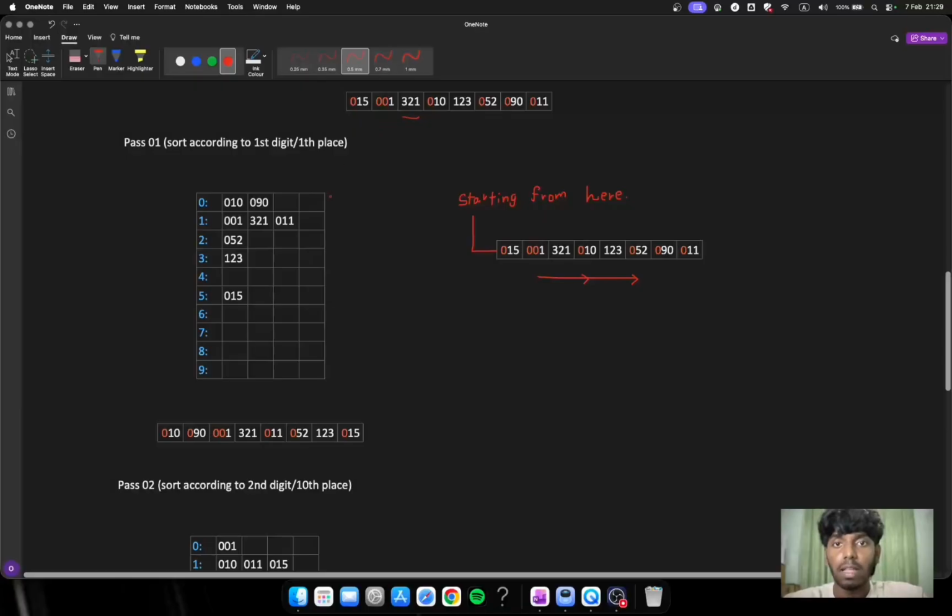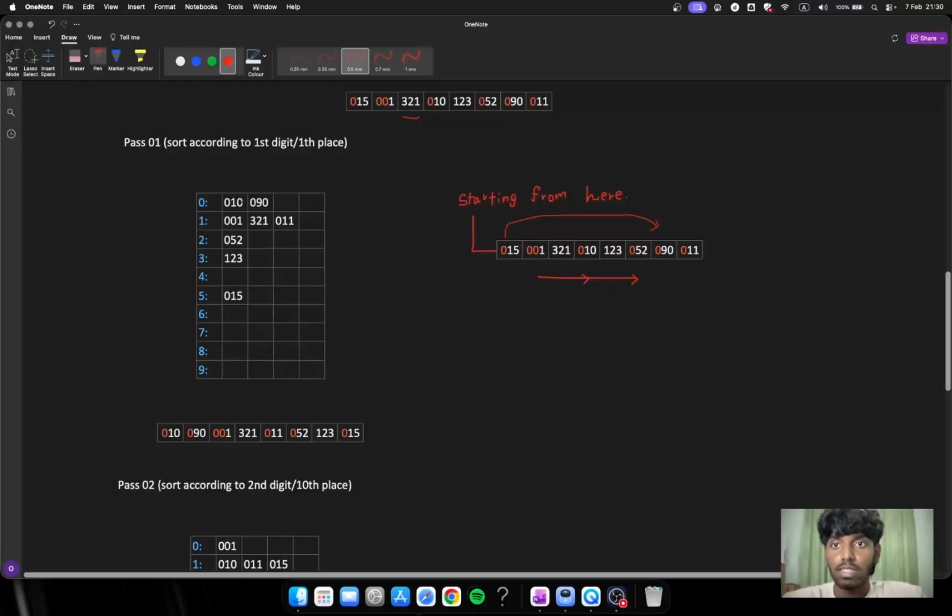We are starting from the 15, starting from here all the way up to here, and then 1, and likewise. Okay, so now we're going to fill these buckets. Now we got 3 digit numbers, so we have done changing the array to 3 digit numbers.